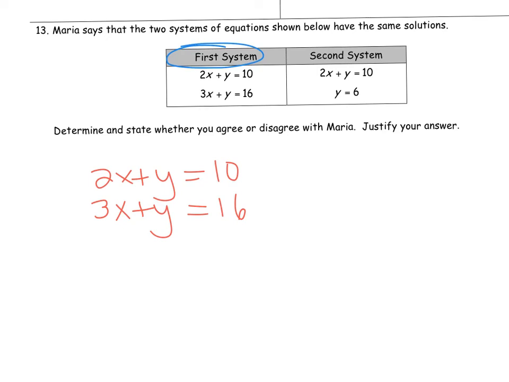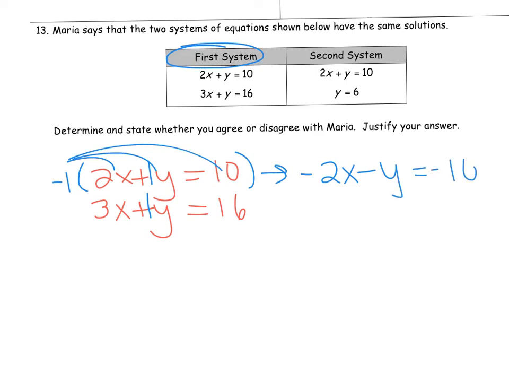The y's are probably going to be easiest to cancel because they both have a 1 out front. Well, if I multiply the top by a -1, let's see what happens. When I distribute that -1 to everything, I'll have -2x minus y equals -10. My second equation is going to read as 3x plus y equals 16.